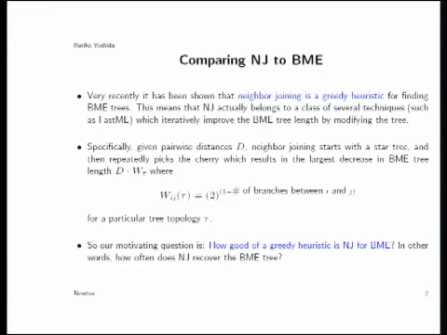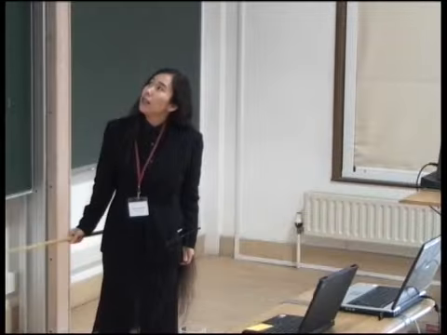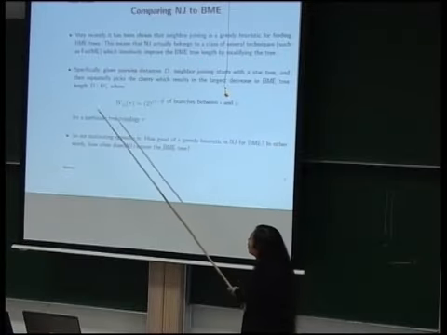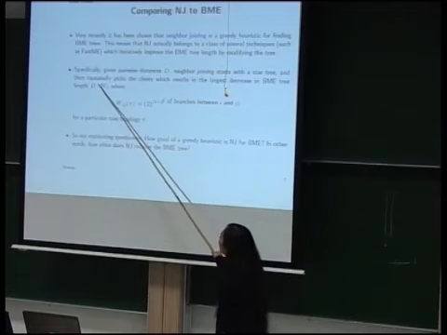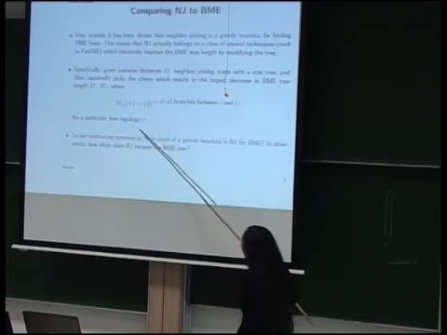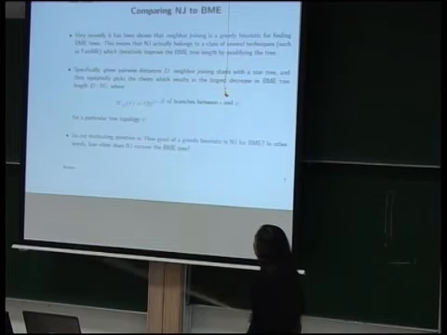Given pairwise distances, a distance matrix, neighbor-joining starts with a star-like tree and then repeatedly picks a cherry of neighbors, resulting in the largest decrease in the BME tree length, d times w tau, where tau is some tree topology and w_ij tau is given by this.